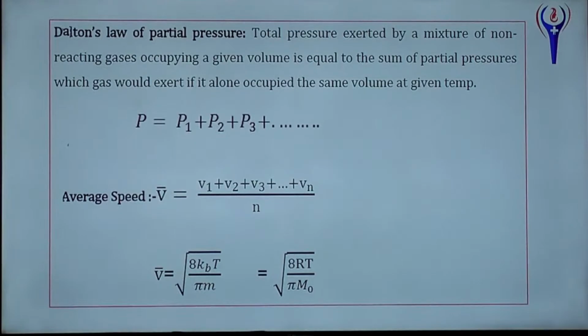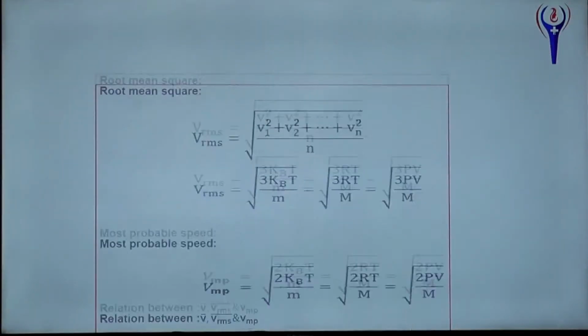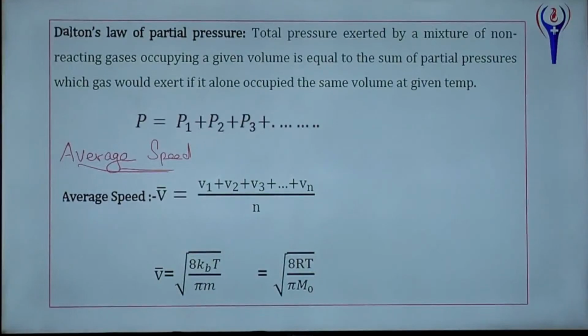Next topic is average speed. Average speed, root mean square speed, probable speed, like the different speeds are there.